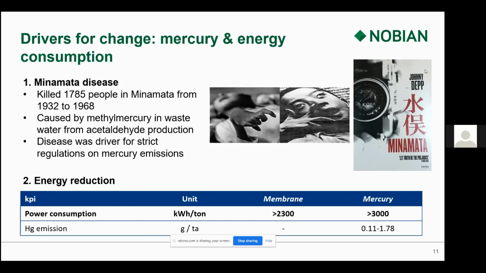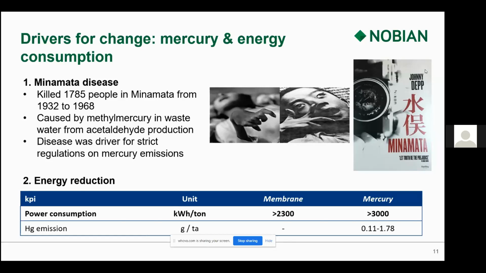So it was not a chlor-alkali plant, but still it was mercury. And you can see how horrific the photos are on the right, that this was really a horrible disease. And this, of course, in Japan and also around the world, led politicians to think, well, do we really want significant mercury emissions around us? And basically the answer is, of course, no. So it did lead to strict mercury regulations.